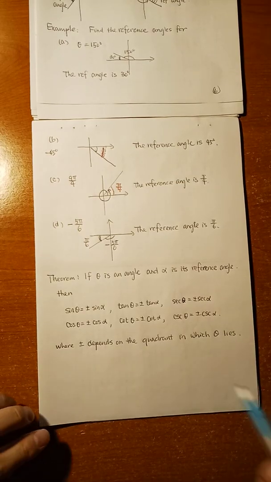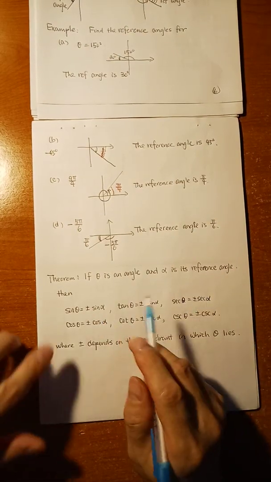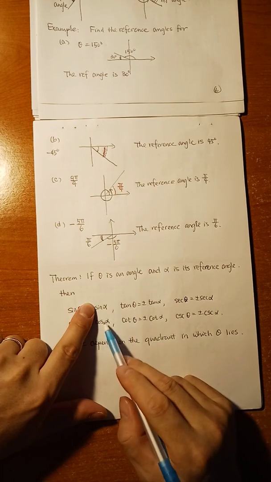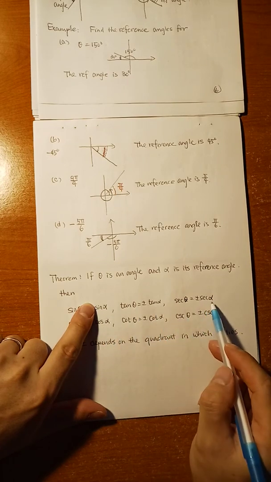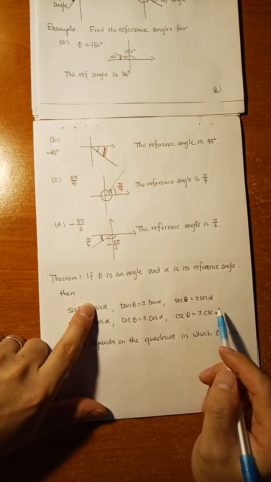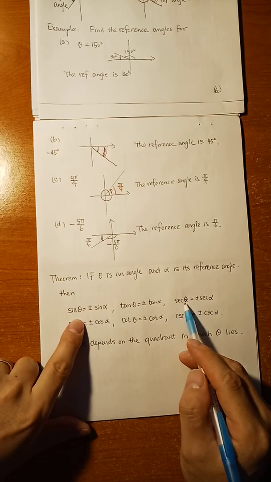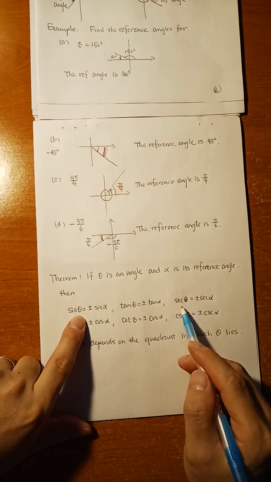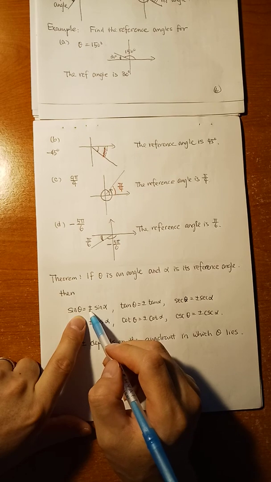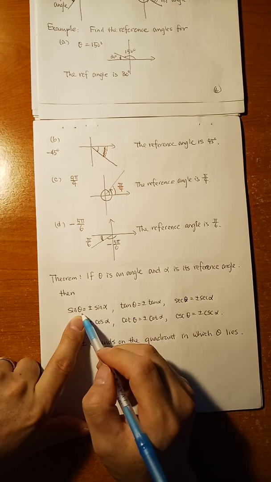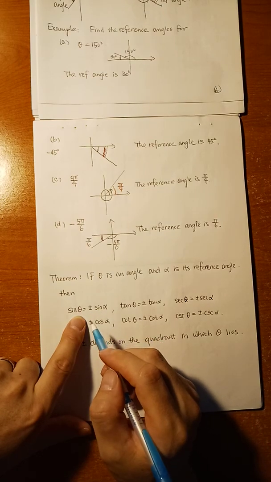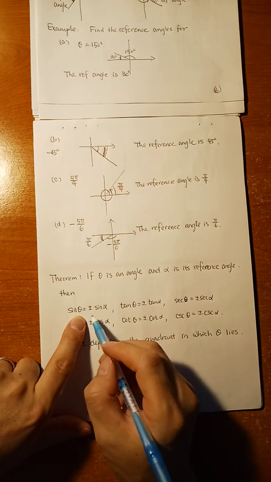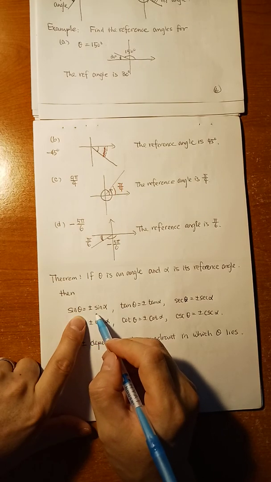Basically, alpha is an acute angle, so without the plus or minus sign, sine, cosine, tangent, cotangent, secant, cosecant of alpha are always positive. But if theta is in the third quadrant, then for sine you choose negative sine alpha, because in the third quadrant, sine theta is negative. So you artificially put a negative sign. Okay?